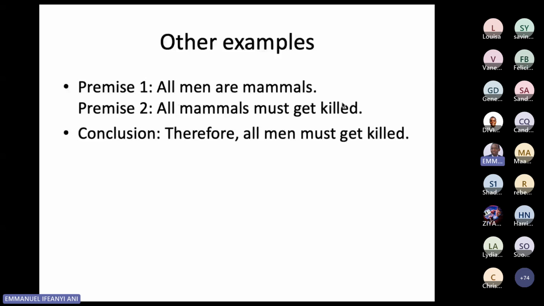But is it true? No, because premise 2 is false. So it is valid, but it is not a sound argument. Valid, but not sound.